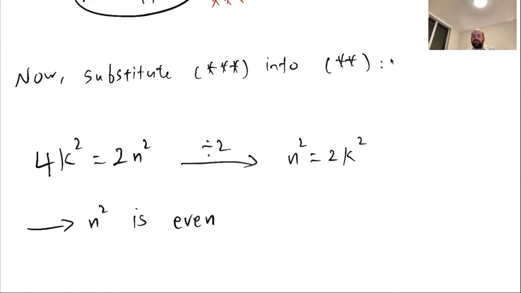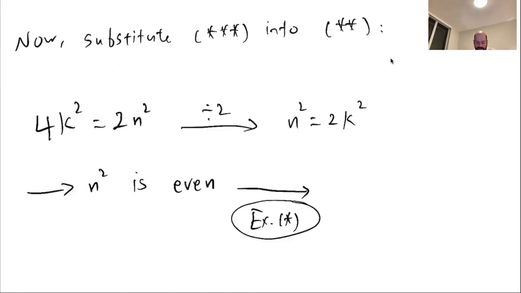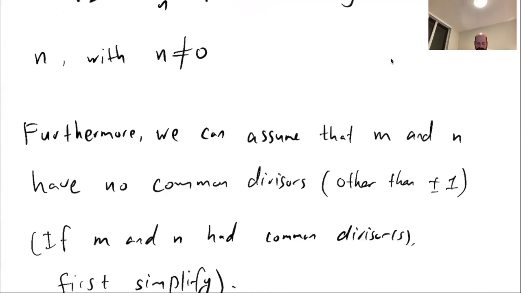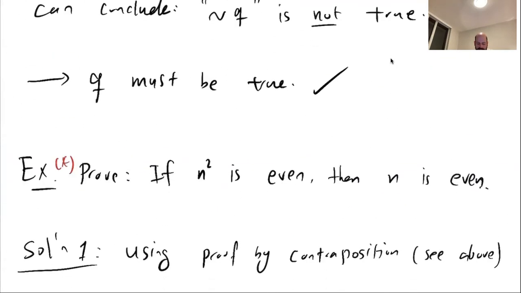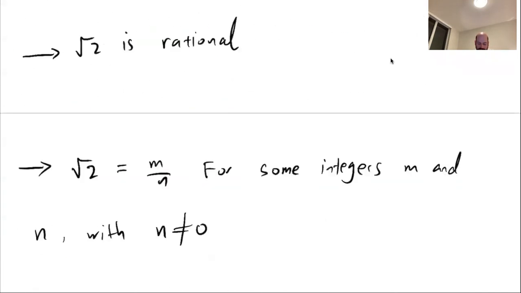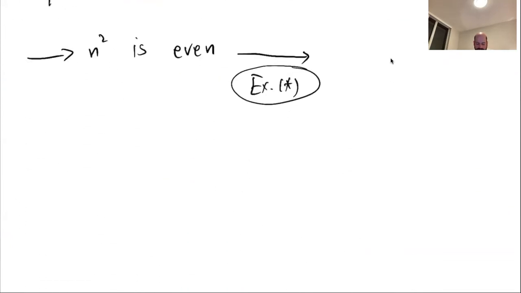Again, n squared is 2 times another number, so n squared is even. Again, example star says what? Let me remind you one more time: if n squared is even, then n is even. Now I know that n squared is even, so that means n is even.